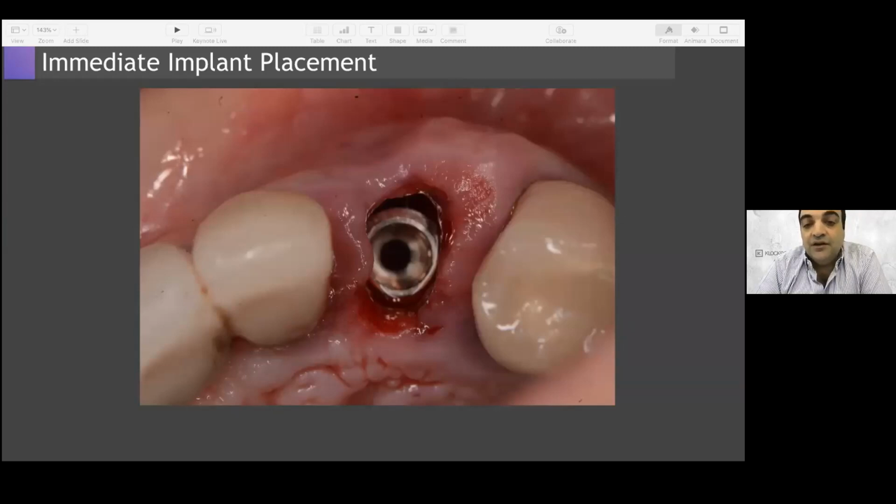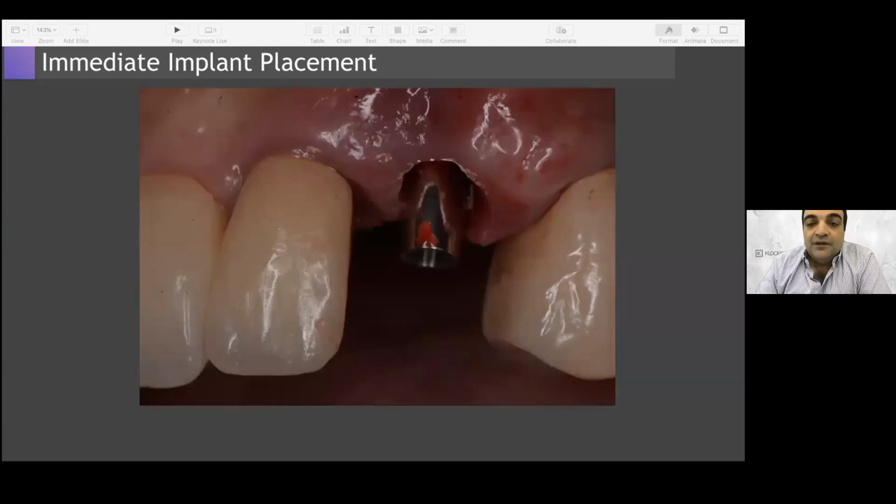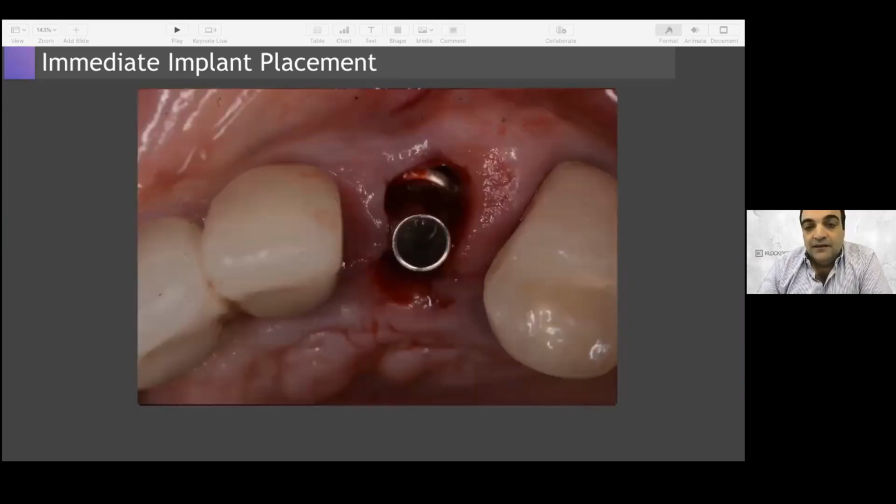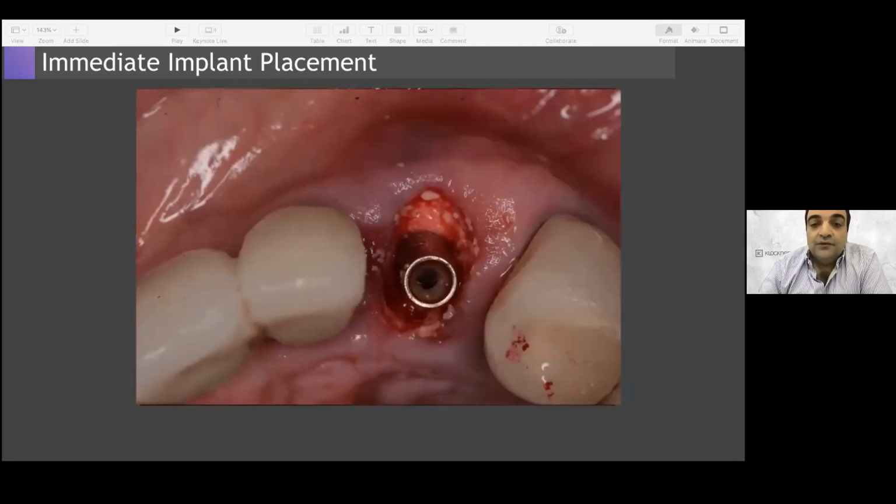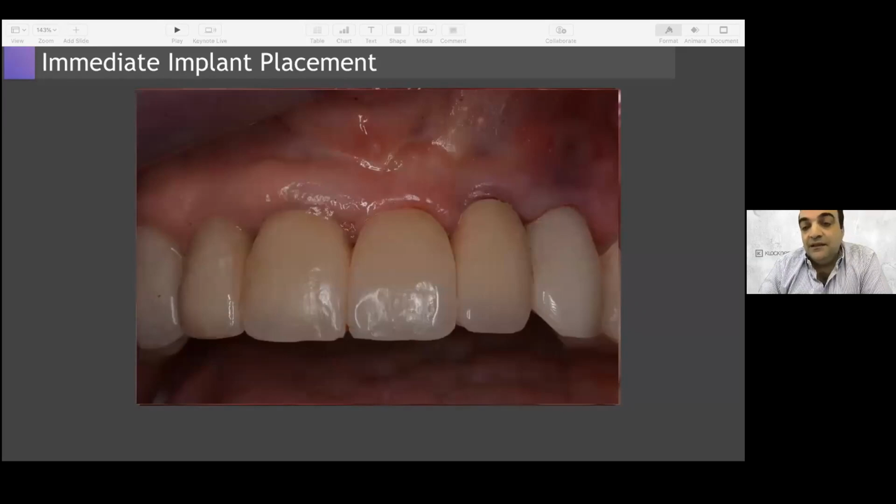And this is a Klockner Essential implant. We place our implant in the socket, in the palatal bone. We are going to graft with xenograft bone, and we are going to immediately place our temporary crown. Here also, we did it flapless because we have a risk of recession at the level of the lateral and the premolar.